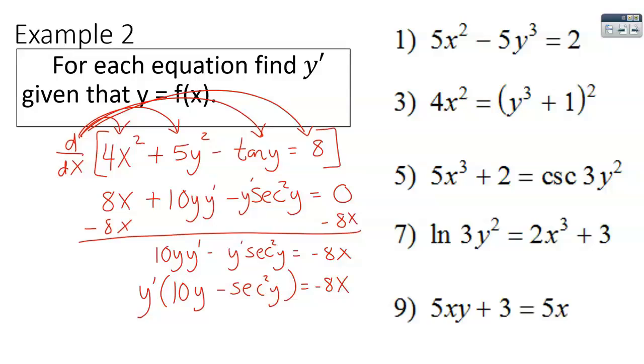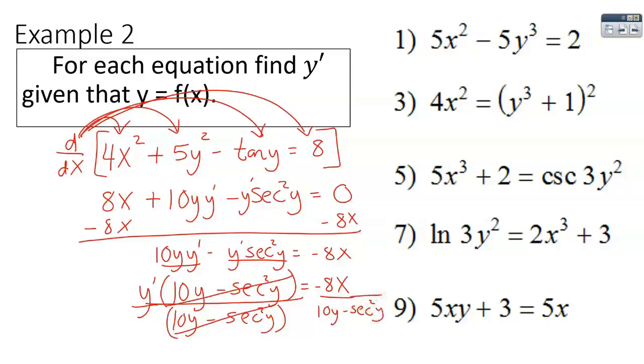By factoring it out, it's no longer in 2 separate places. Now it's only in 1. So it's much easier to get the y prime by itself. All we have to do now is divide both sides by the 10y minus secant squared y. So those cancel. And over here now we have this.